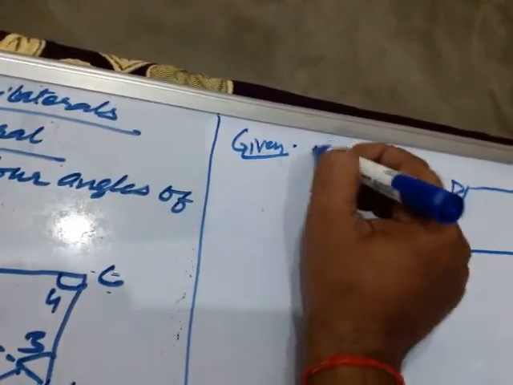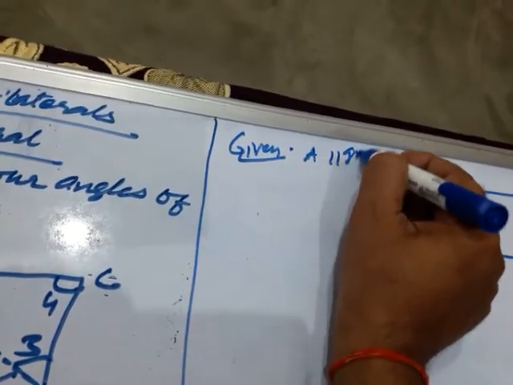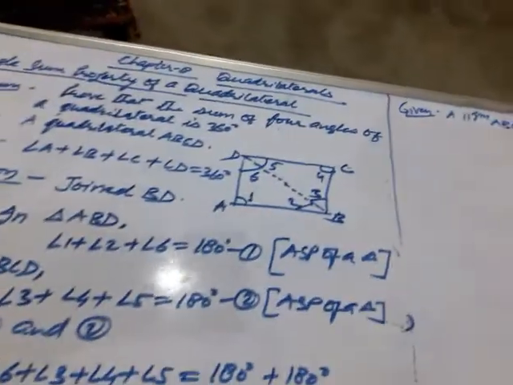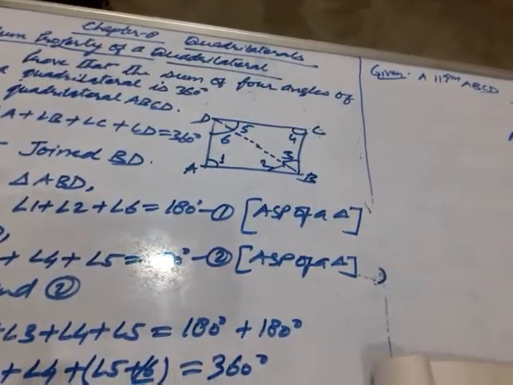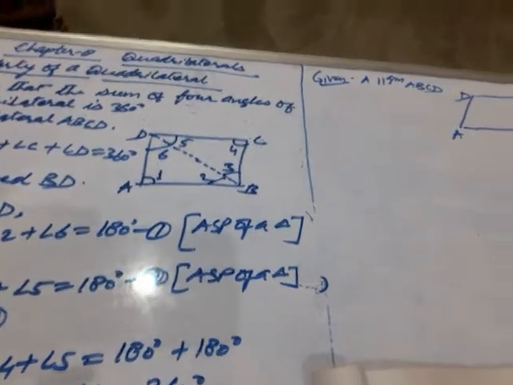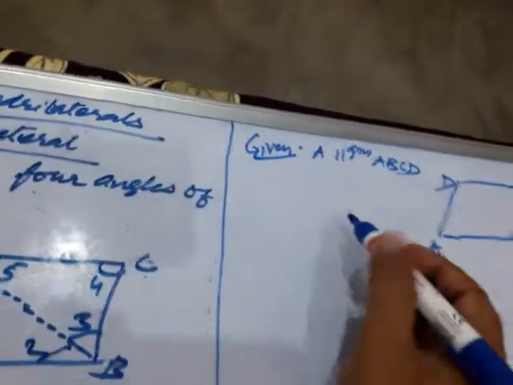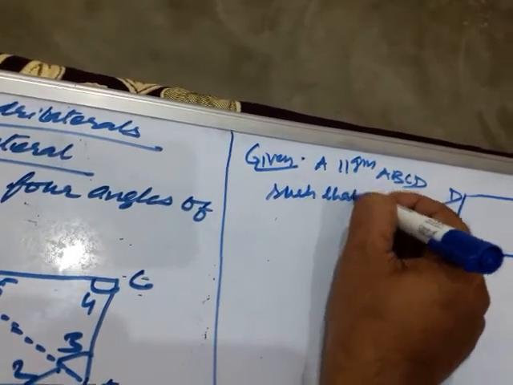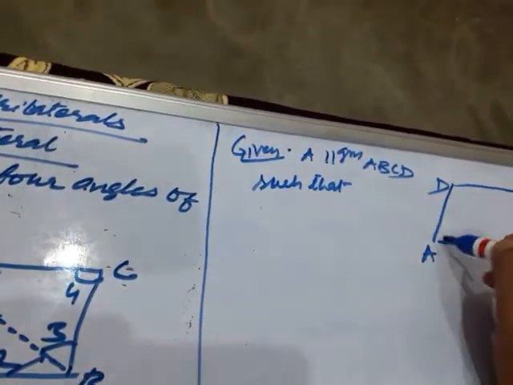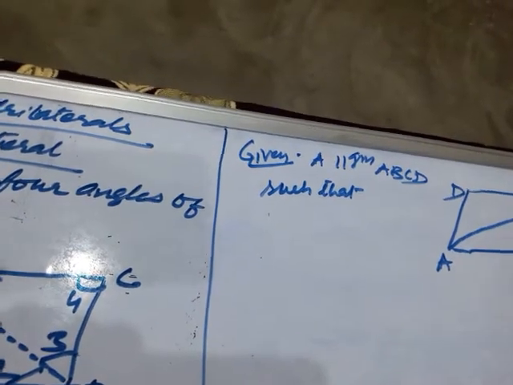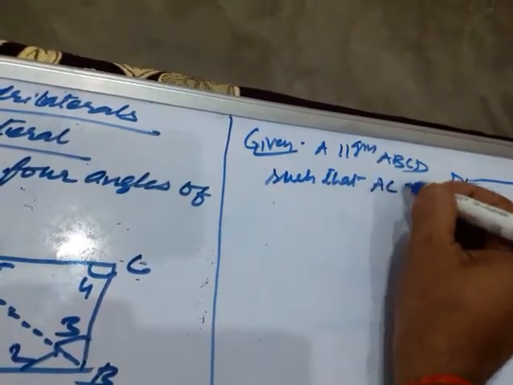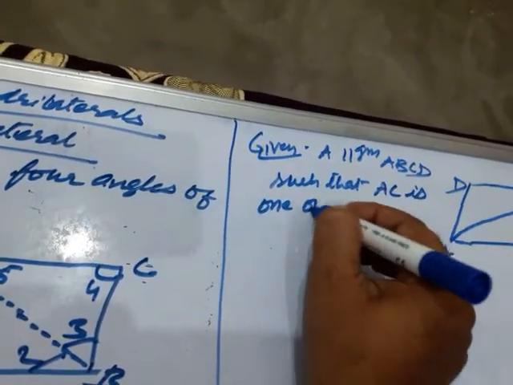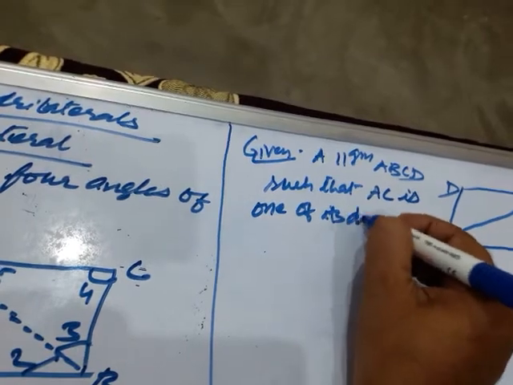Okay, what is given? Given a parallelogram ABCD. What is your question? A diagonal of a parallelogram divides it into two congruent triangles. Given a parallelogram ABCD such that AC is one of its diagonals.